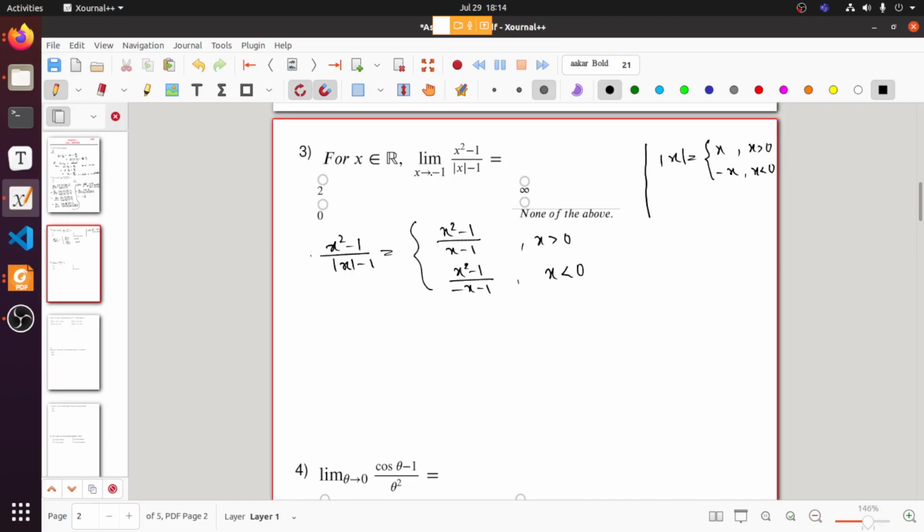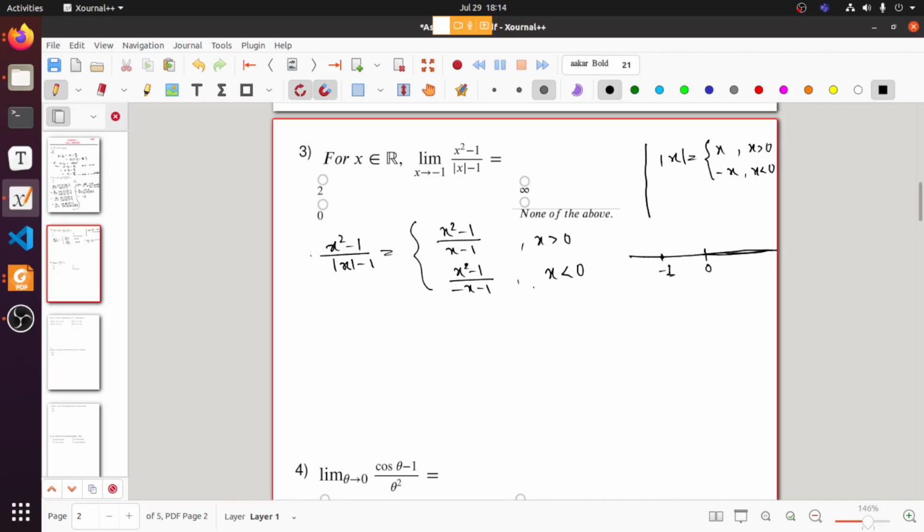But here you have to find the limit as x tends to minus 1, right? So here it's 0 and it's minus 1. Whenever you want to find the limit, you have to look at the neighborhood of that point, right? As we have to find the limit around minus 1, there is no need to consider x greater than 0, so this part is irrelevant.